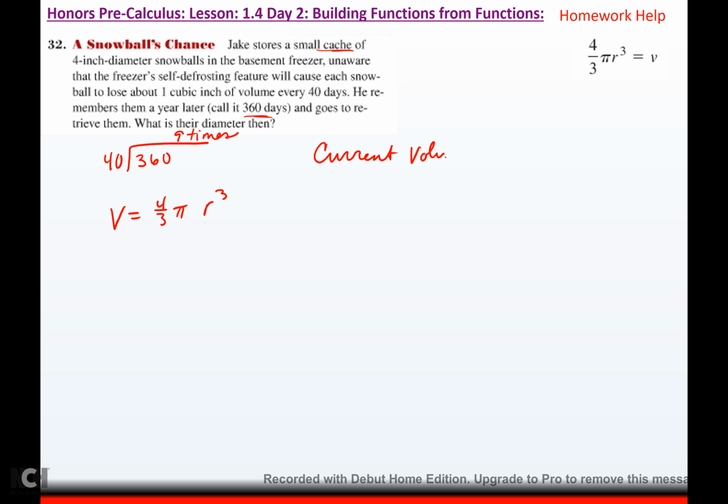My current volume is going to be 4/3 times pi, and right now my diameter is 4 inches. So my radius is 2, cubed. That gives me approximately 33.5 cubic inches.